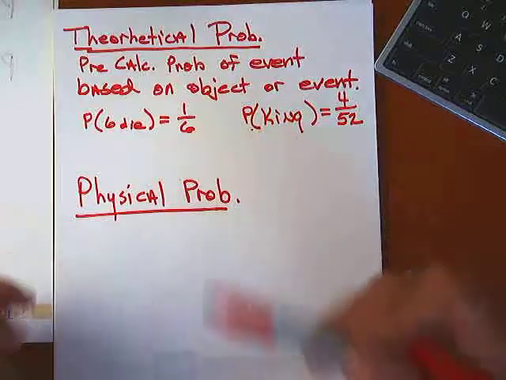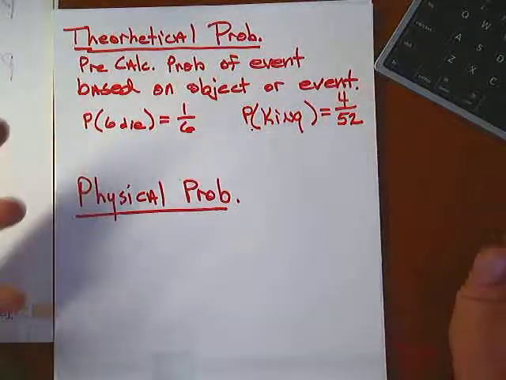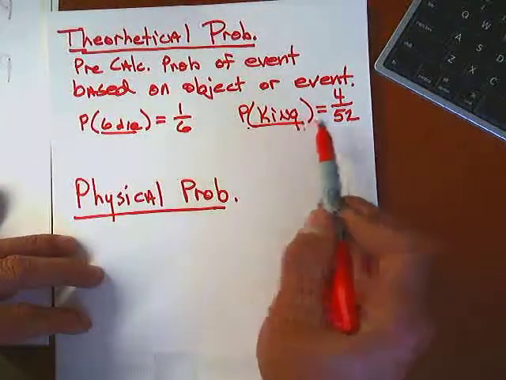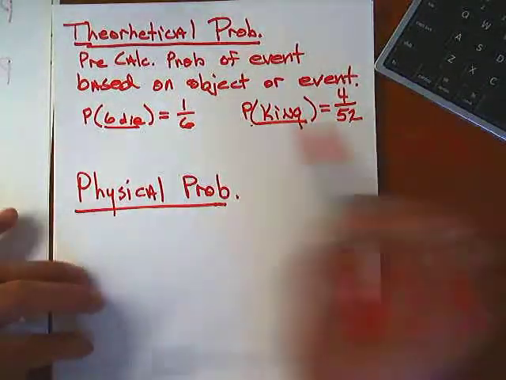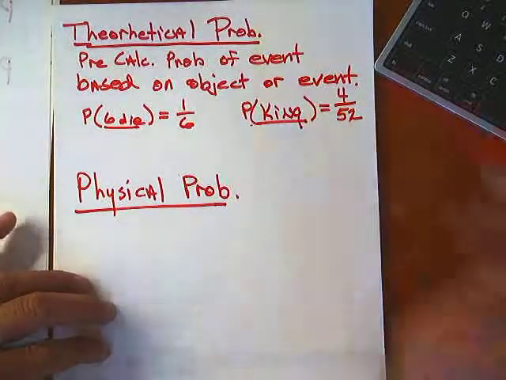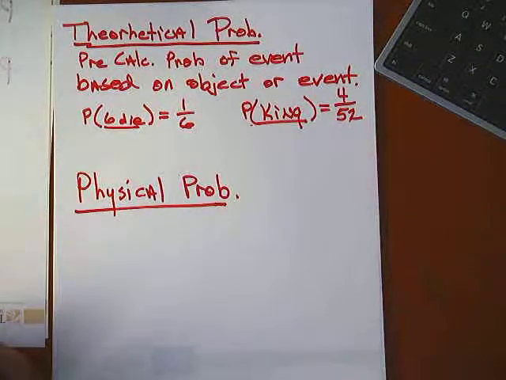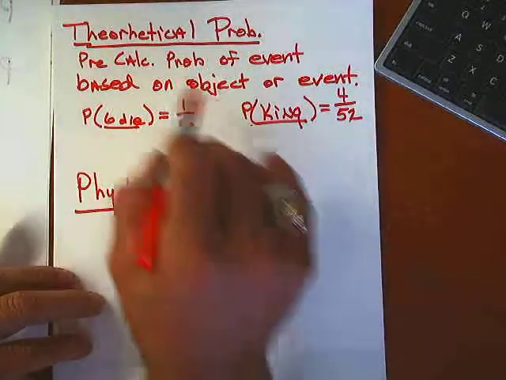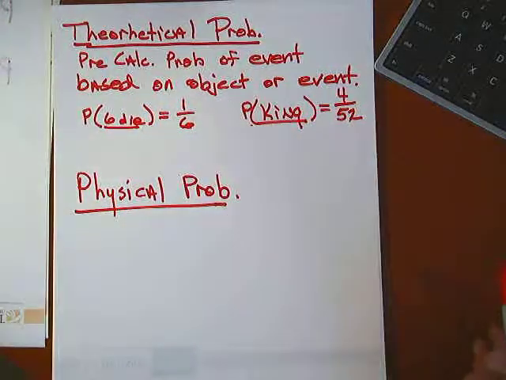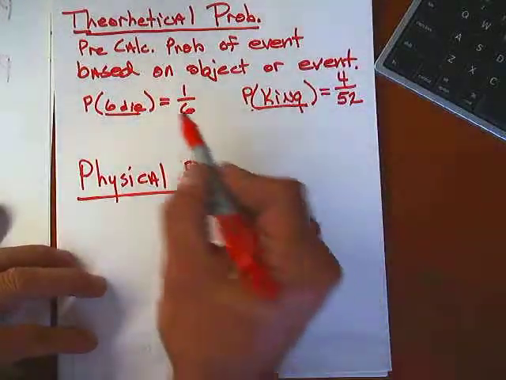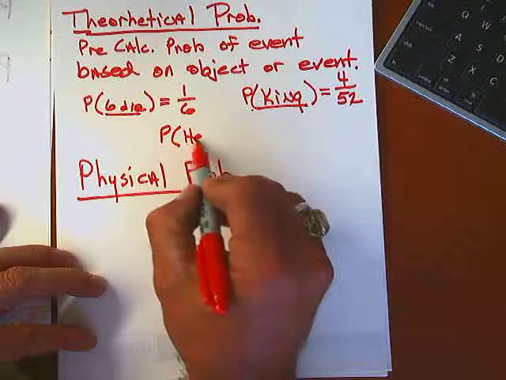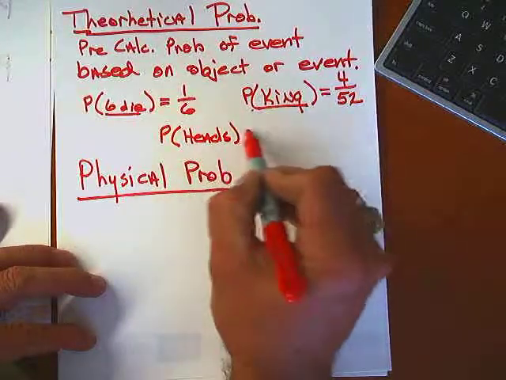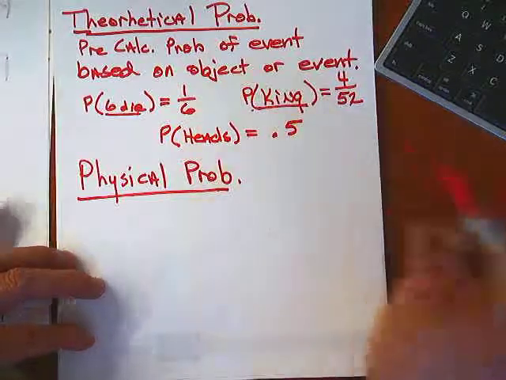The probability of picking a king out of a deck of cards is 4/52. We don't even have a deck of cards, but we already had that determined, and we didn't have to do an experiment or buy a deck of cards or anything. We just used our knowledge of the object or the event, and pre-calculated a theoretical probability, in theory.